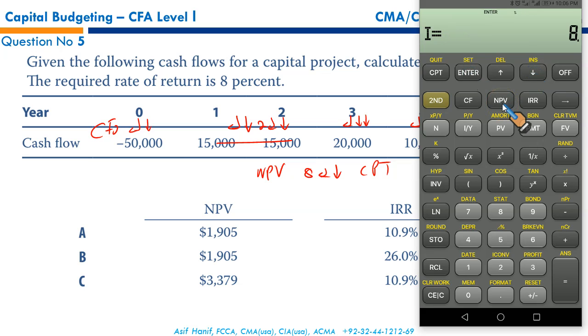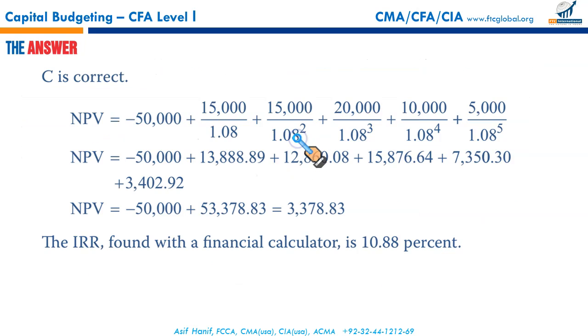NPV, discount rate is 8. $3,378.83, that's your NPV, so that perfectly matches with option C. You can also calculate your discounted payback, that is 4.007. Your payback is 3.